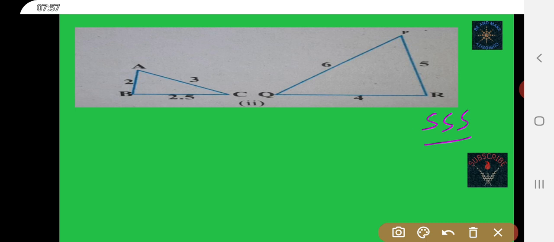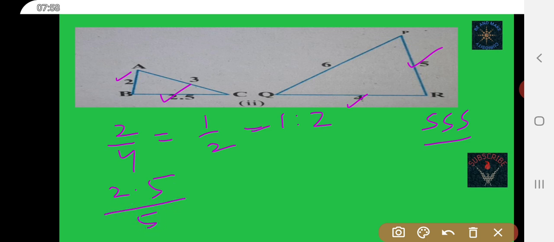So here AB corresponds to QR, that is 2 by 4 is equal to 1 by 2, ratio 1:2. BC corresponds to PR, so the ratio is 2.5 by 5, that is equal to 1 by 2, so ratio is 1:2.